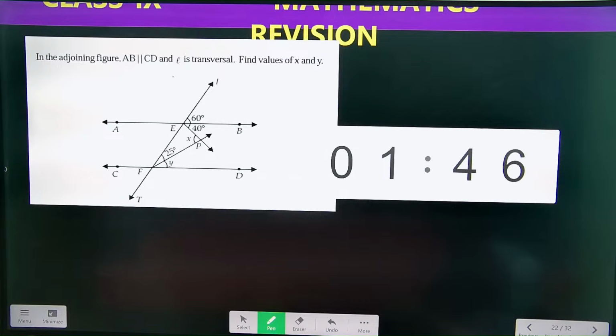How many of you got the answer? Tell me quickly. This is our last question, children. Complete it quickly. Then after that we'll wind up our class.